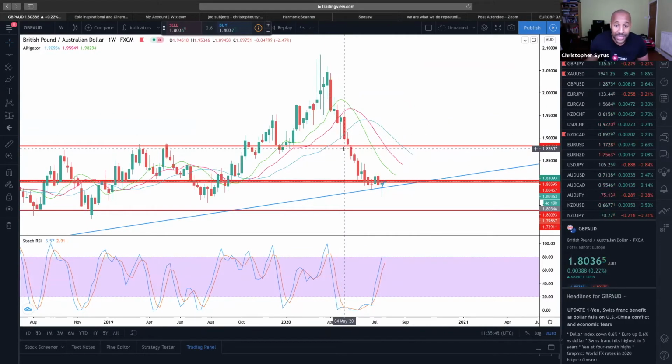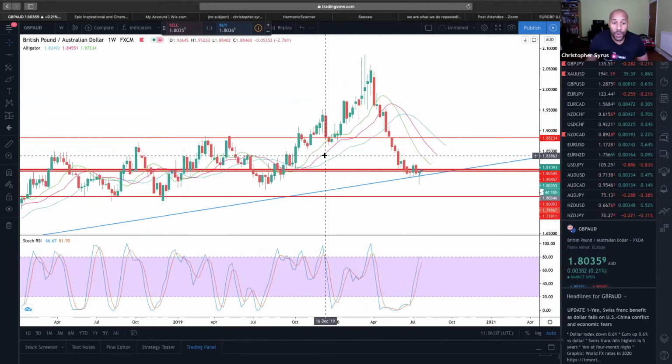On this date, 4th of May, 2020, that whole week had a bearish candle. The trend was going down. The cost of the pair, the pound against the Australian dollar, went down that week. So that makes sense.